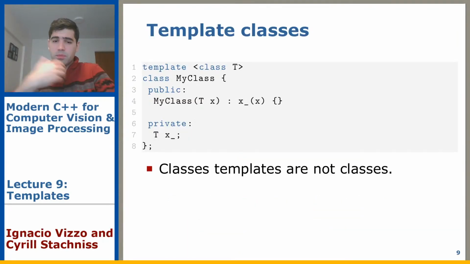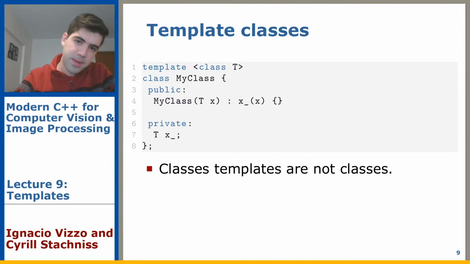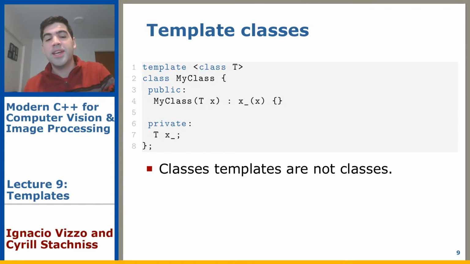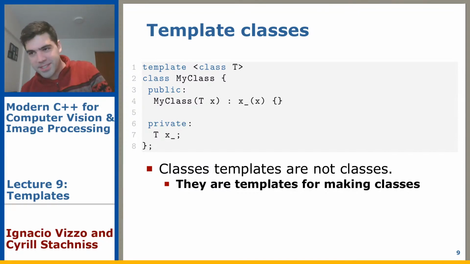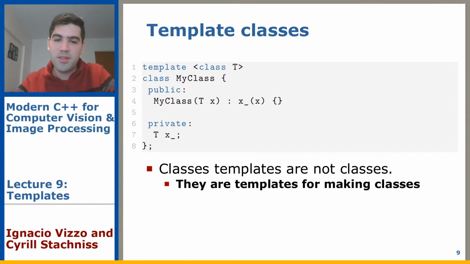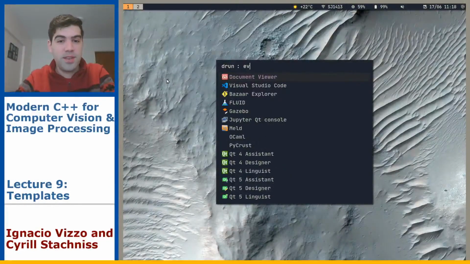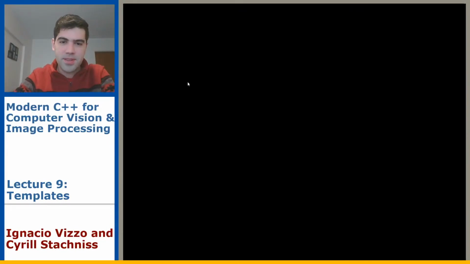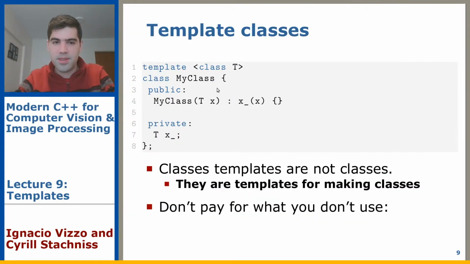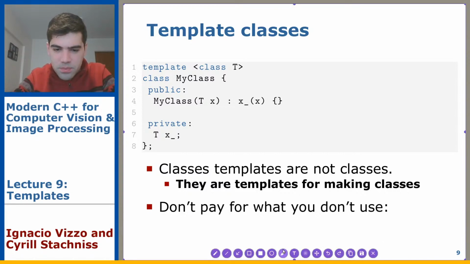Then we saw two definitions: function templates and template classes. Template classes will create a family of classes. So class templates are not classes. They are templates for making classes. It sounds funny, but it is what it is. In this case, we have a class template, or template class, called my class.